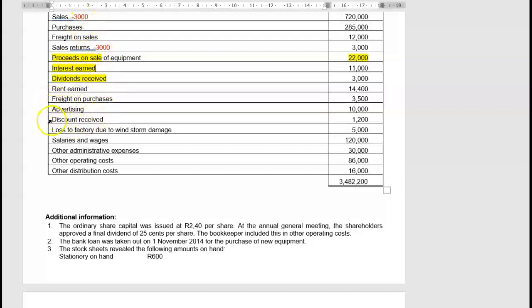Advertising is distribution cost. Discount received. Guys, do we have an account like that? No. So let's take it out. Where should it have been accounted for? It should have been accounted for against my purchases. So we do not have a discount received. Loss to factory due to windstorm damage, salaries and wages, other admin expenses, other operating costs, and other distribution costs.